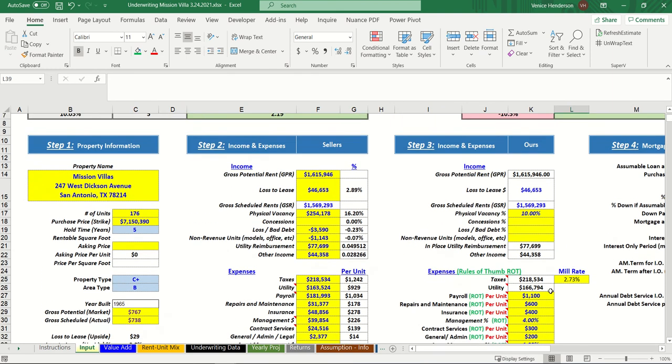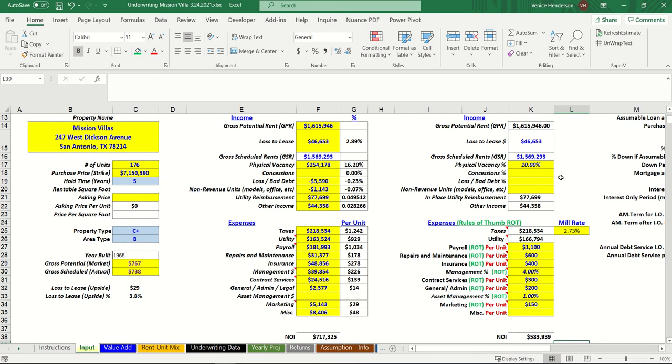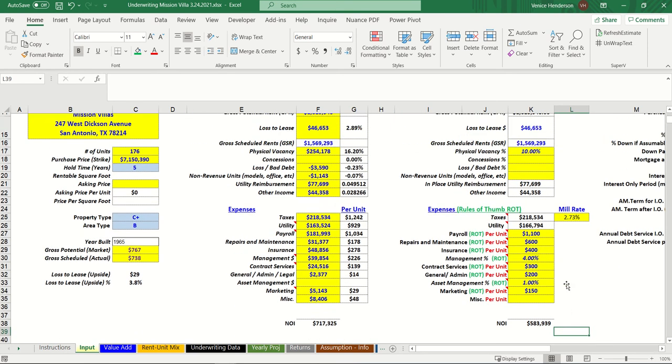Alrighty. So interestingly, typically we're supposed to be able to take the gross rent or income and just do a high-level 50% to cover expenses, and that should put us in the net operating income ballpark.